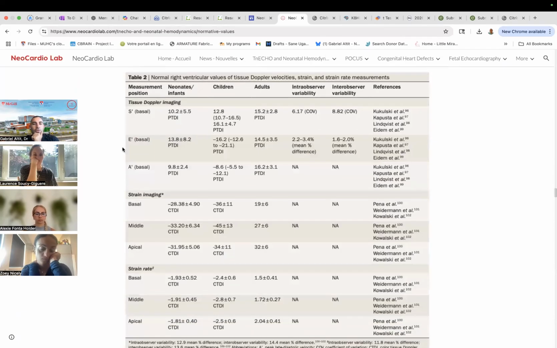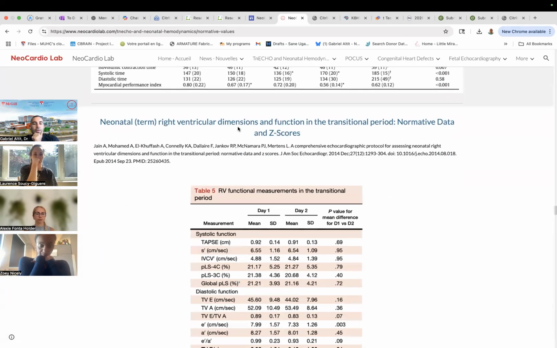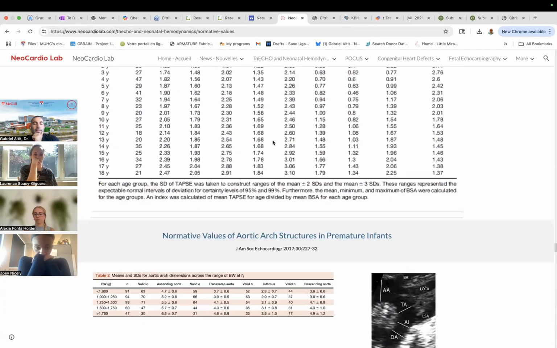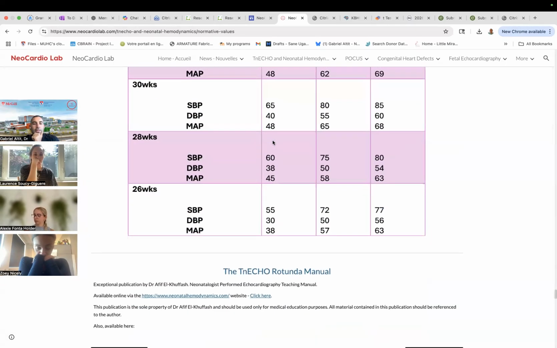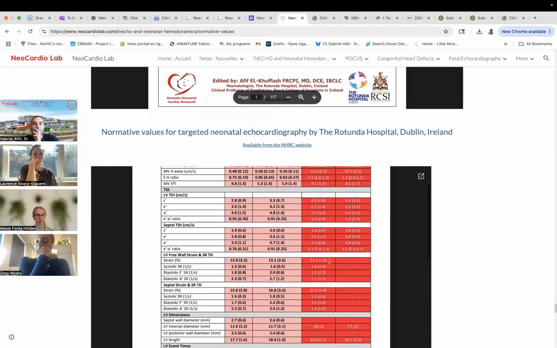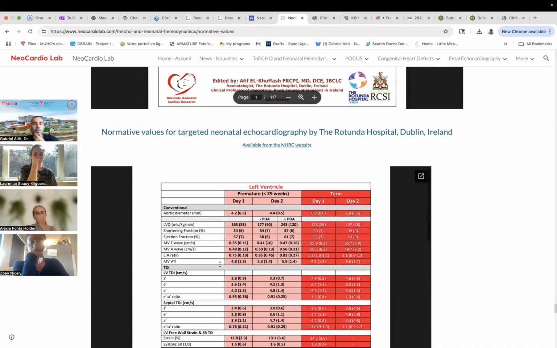You can also have children, neonates, so you have normative values here. This is for the preemies, less than 29 weeks. This is for the right ventricle for day 1, day 2. And then you also have cohorts that have been described by the Alkufash group in the Dublin Rotunda manual, where they also provide some normative values for term and premature babies.